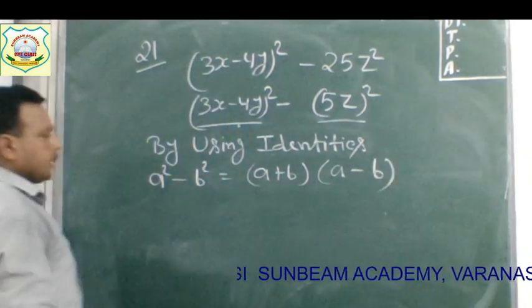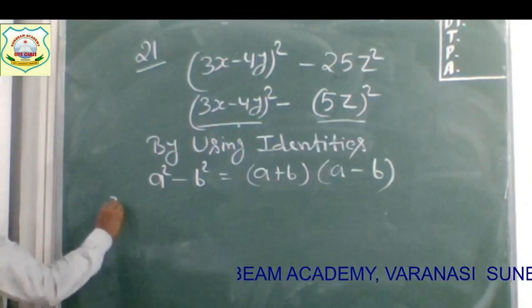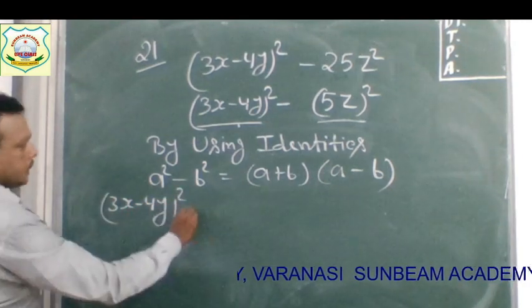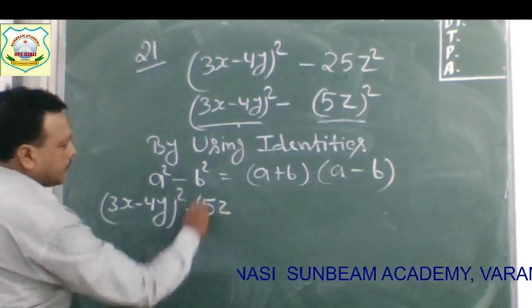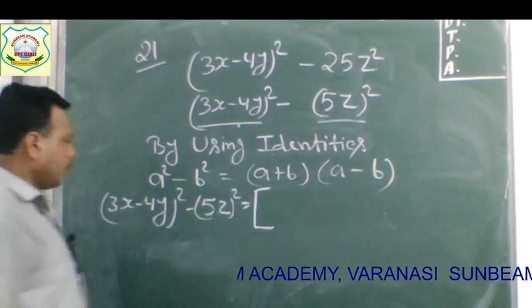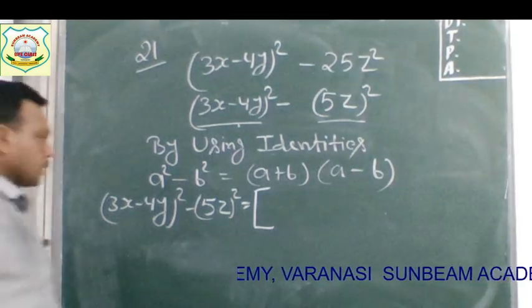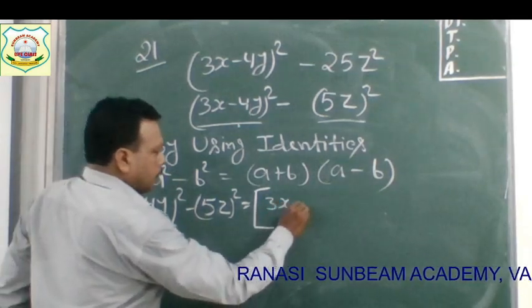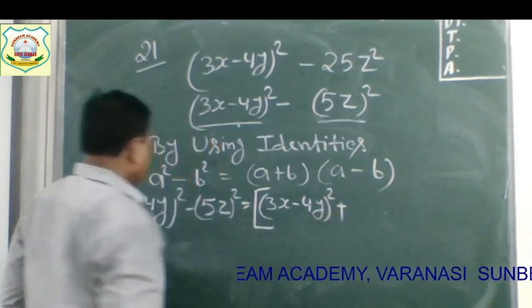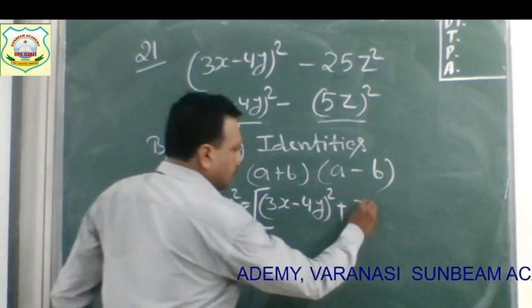So what are we getting here? A square is (3x minus 4y) whole square, minus b square, which is (5z) whole square. So now a is in the form of a binomial: (3x minus 4y) whole square plus b square, which is (5z) whole square.